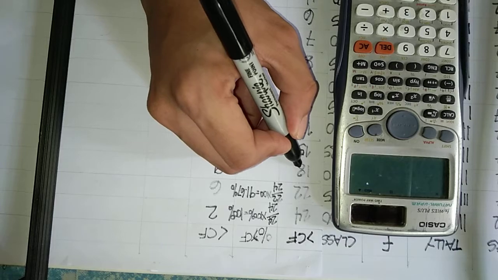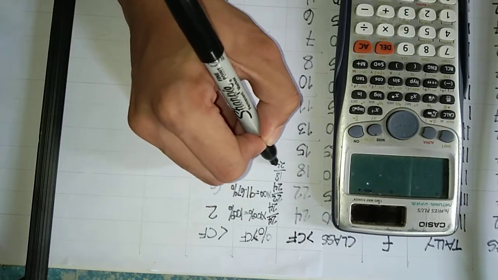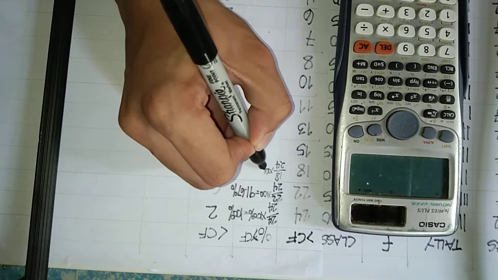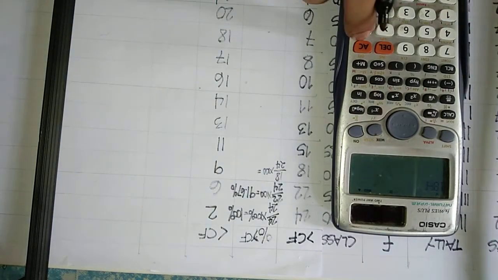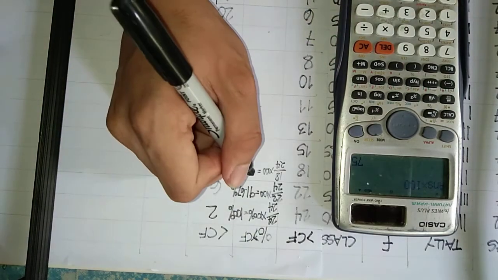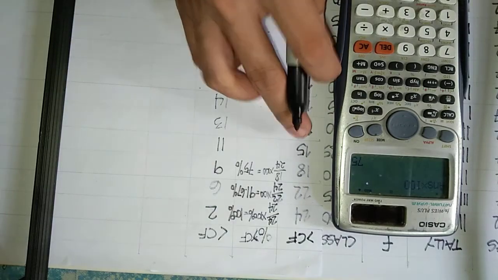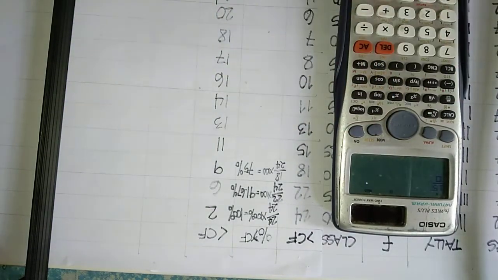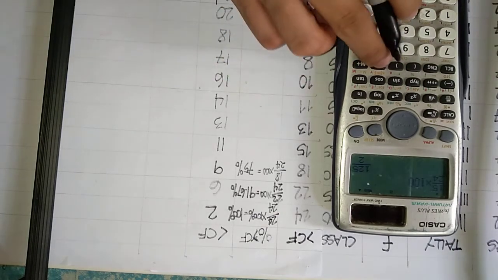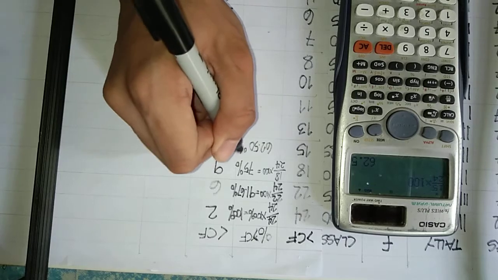So we have yung ating frequency, which is 18 divide 24 times 100, and this is equal to 75%. Okay. For 15 naman, we have 15 divide 24 times 100, and that is equal to 62.50%.